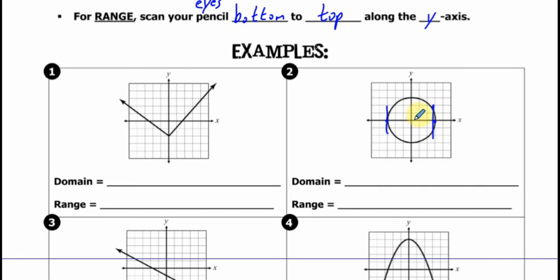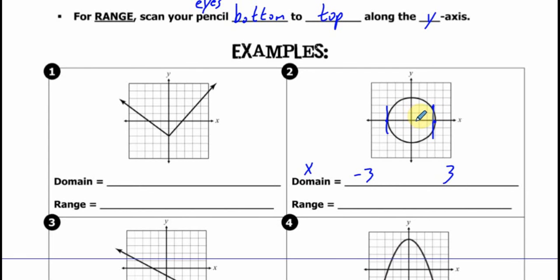Now, the furthest left, this line. And for domain, that's the x's. So I'm going to focus on the x-axis. So 1, 2, 3. So I can see my domain, the furthest left it goes is -3. And this is the furthest to the right, that's 1, 2, 3, +3. Now, you've got to be real careful of just thinking of whole numbers in here, because some people want to go -3, -2, -1, 0, 1, 2, 3.